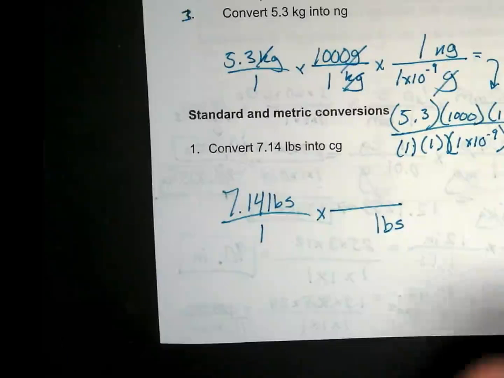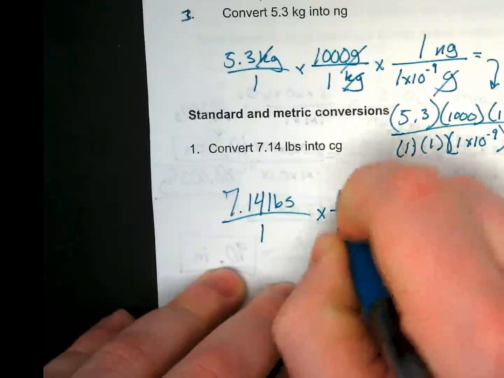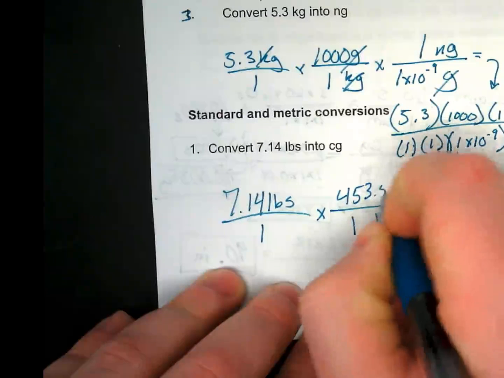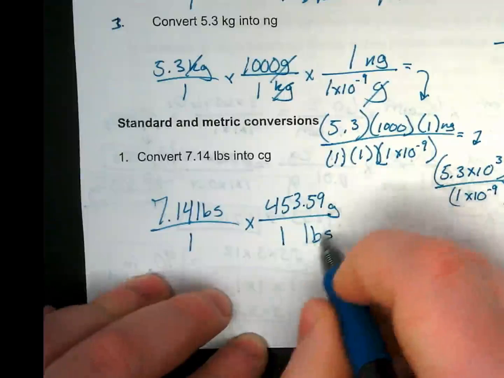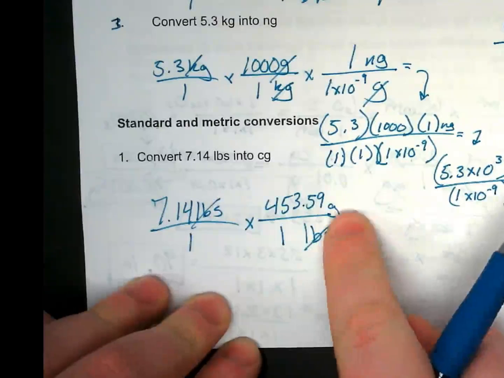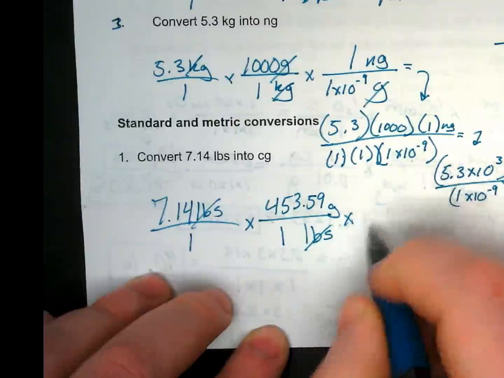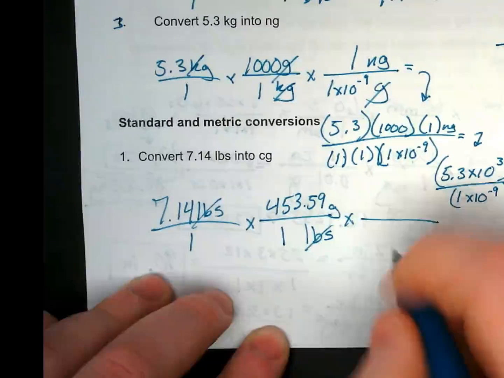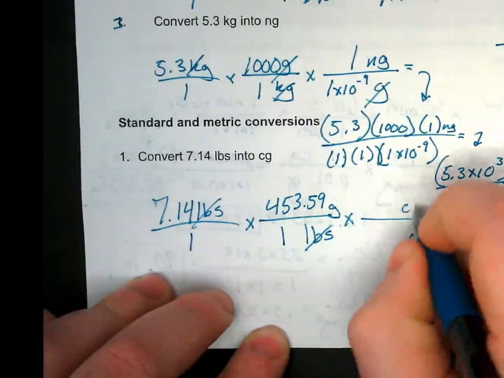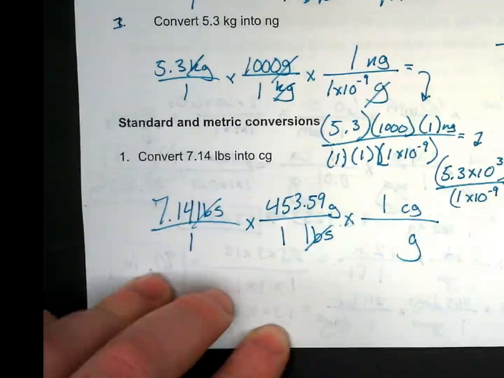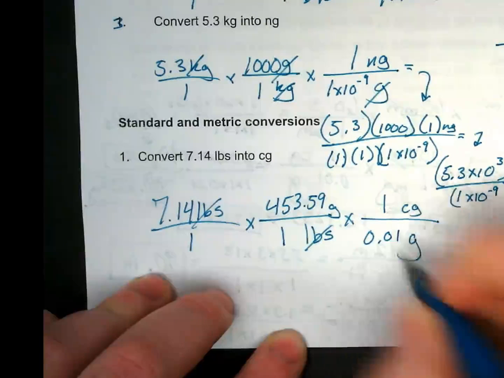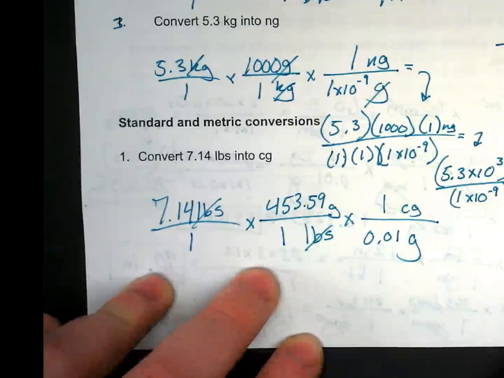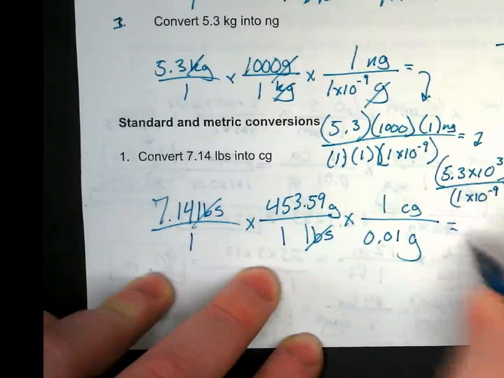So in 1 pound, there are 453.59 grams. And then we would cancel out those pounds. We're left with grams. So now we've got to convert grams into centigrams. So grams on bottom, centigrams on top. That gets a 1, and there are 0.01 grams in a centigram.